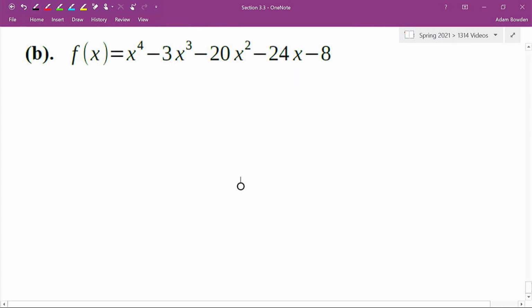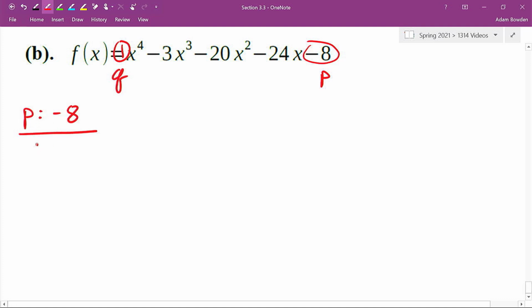Now let's look at one more here where we have to find the zeros of this function. We're going to start out using the possible rational zeros with the rational zero theorem. If you'd like to practice that, you may want to pause the video here and do the P over Q and see what you find for the possible zeros. In this case, P refers to the -8 and Q is the 1 out in front.